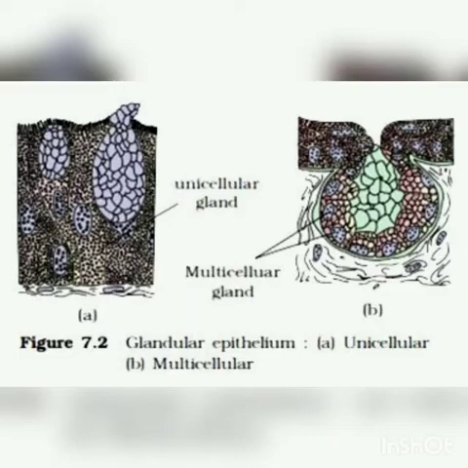Unicellular is found in the alimentary canal, whereas multicellular is found in the salivary gland.